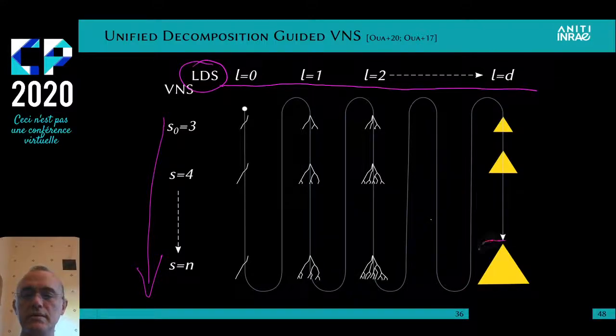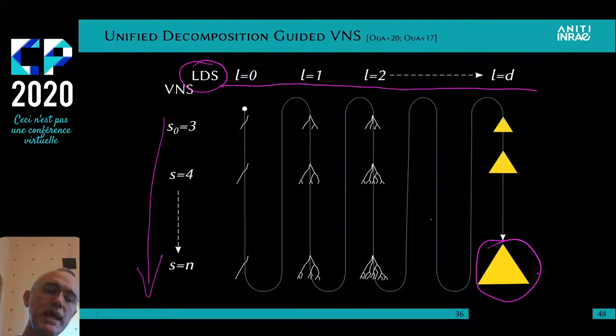In the end, you solve the complete problem because all the variables are free and the discrepancy is maximum. So the method is complete, but it can find the optimal solution sooner, even prove optimality before reaching this final problem. So it's a local search technique that can prove optimality.